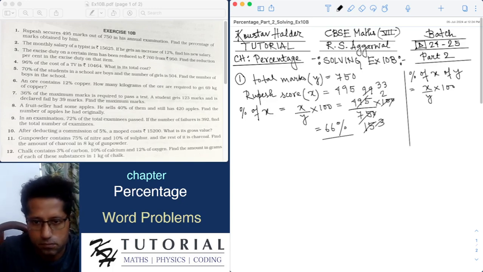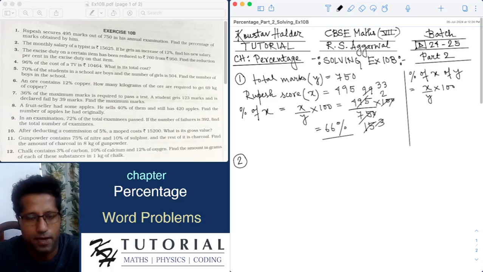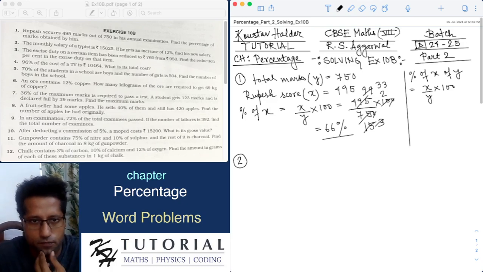Okay. Let's solve question number 2. The monthly salary of a typist is rupees 15,625. If he gets an increase of 12%, find his new salary.